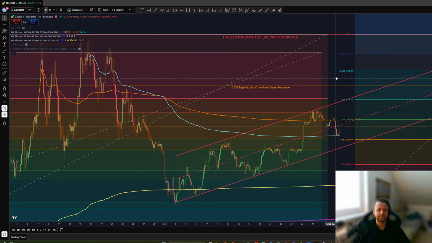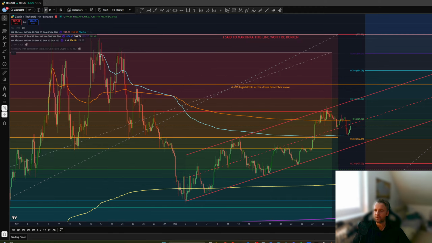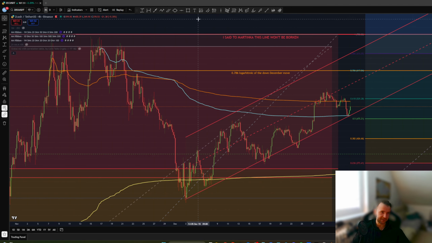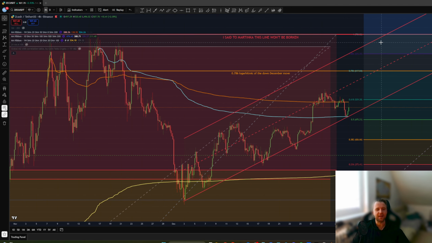But one more thing before we close this video up: when you switch to logarithmic scale, we also have these fib measurements in logarithmic. Don't mind these to the left.